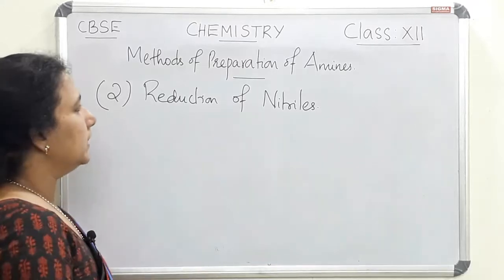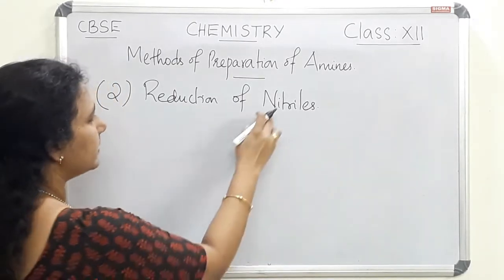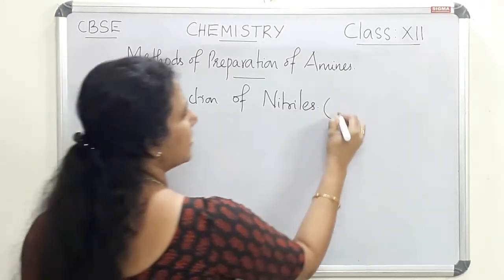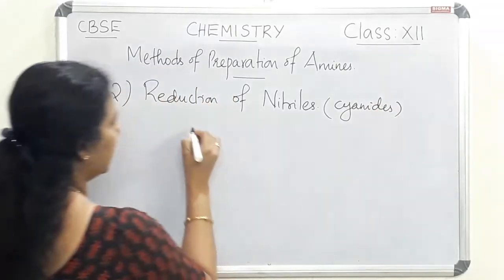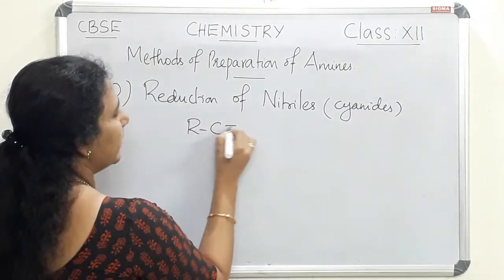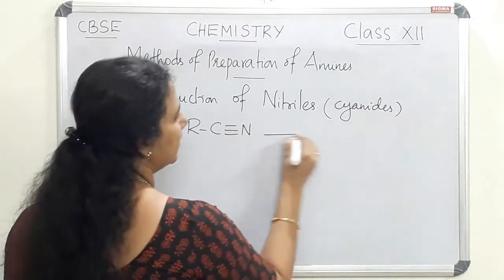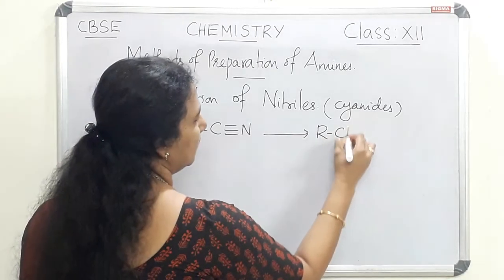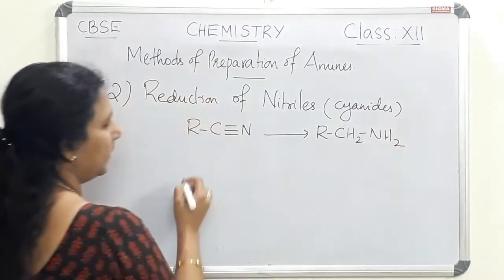So the second method for the preparation of amine is reduction of nitriles. Nitriles, we know that it is otherwise called as cyanides. Here RCN is the general format for cyanides, that can be reduced to the corresponding amine.